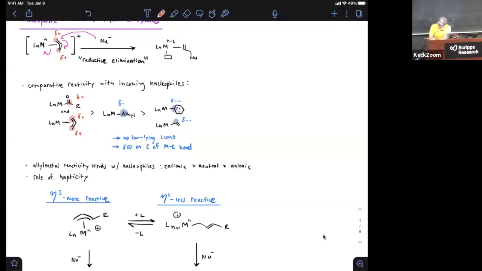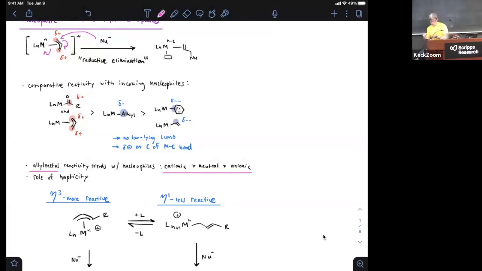Now, within the allyl metal series, a consequence of this point I made about where the LUMO lies, I think this naturally falls out. If you think about how these will react as electrophiles, the more electron withdrawn the overall complex is, the fewer electrons it has, the more electrophilic it's going to be, and the faster it will react with nucleophiles.